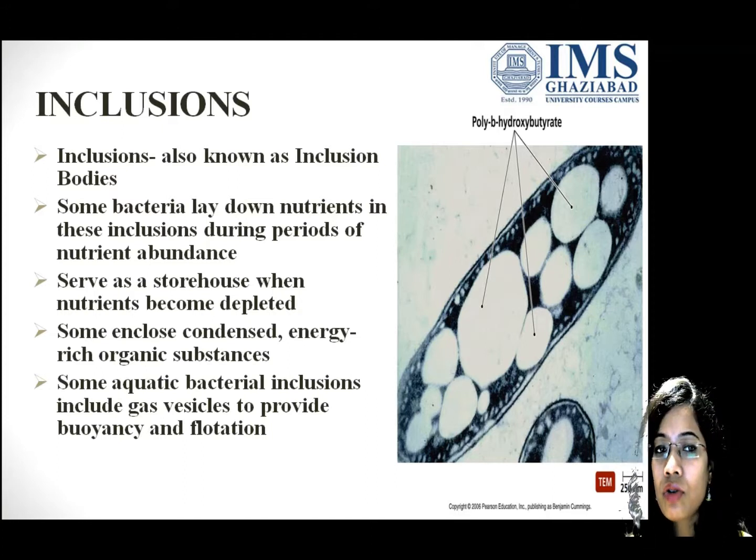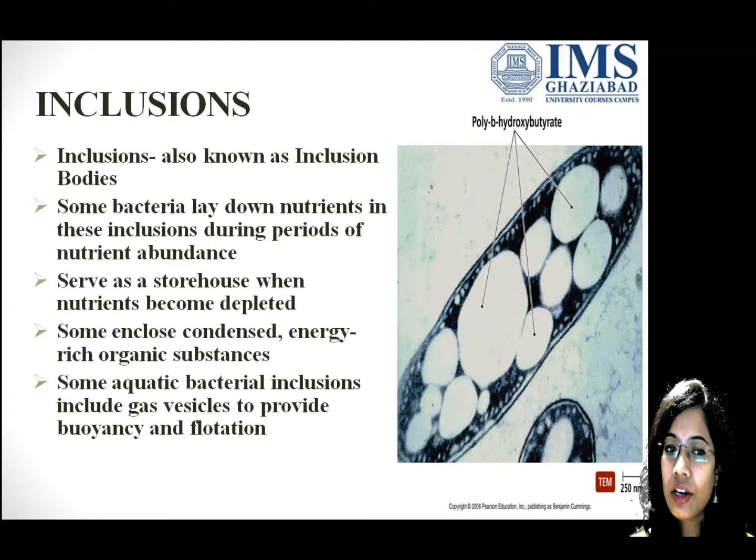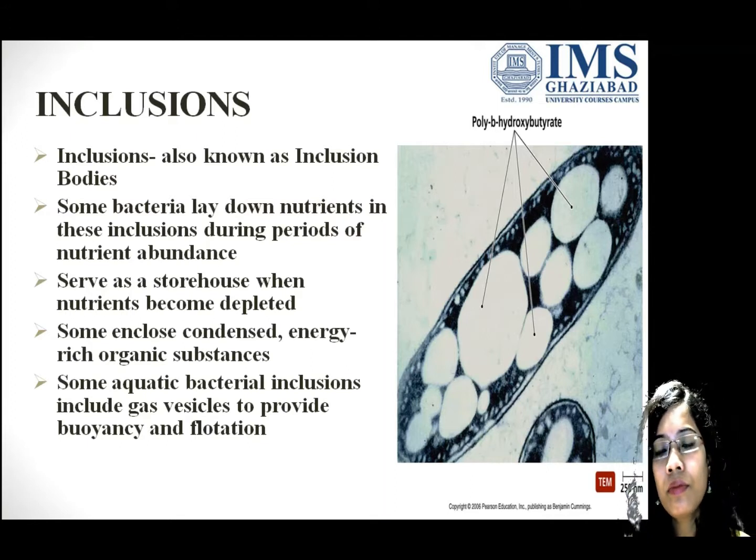It serves as a storehouse when nutrients become depleted. Some enclose condensed energy-rich organic substances. Some aquatic bacterial inclusions include gas vesicles to provide buoyancy and flotation to bacteria. Here in this figure, there are poly beta hydroxybutyric granules present in the bacterial cell.